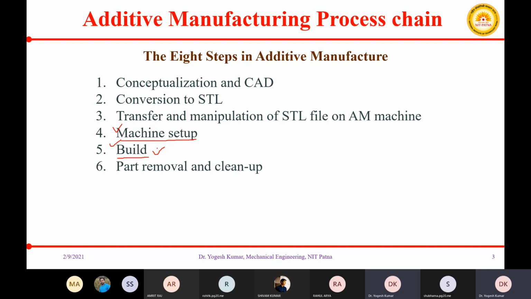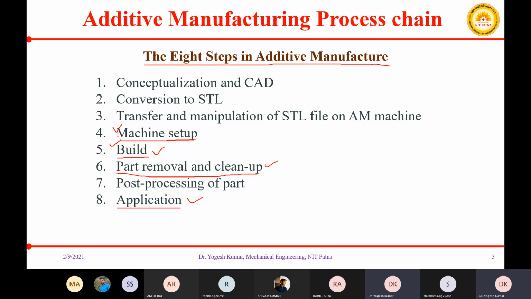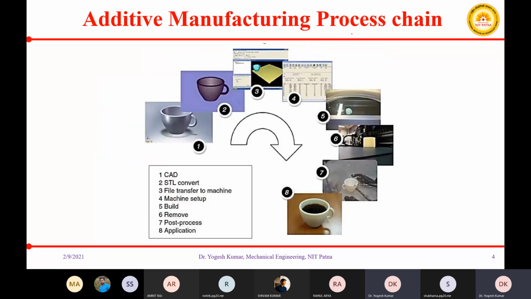As soon as this build process is completed, you remove your part, and if support structure is there, further cleaning would be required, which is your sixth step. Then there may be further post processing requirements on your built product. So this is your seventh step. Then your eighth step is application. Okay, so these are the major 8 steps in the case of RP technology or additive manufacturing processes.